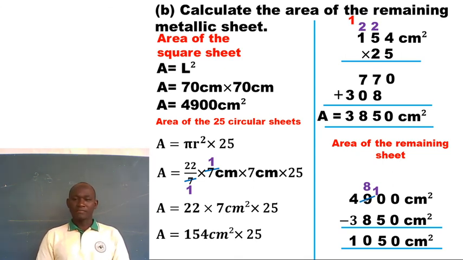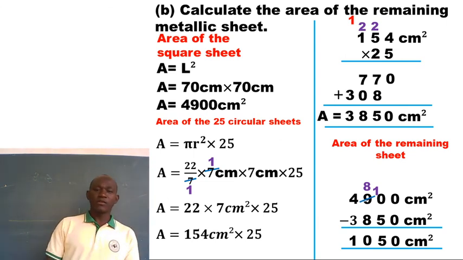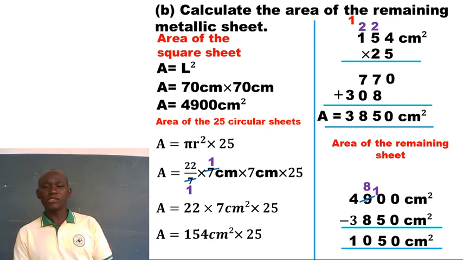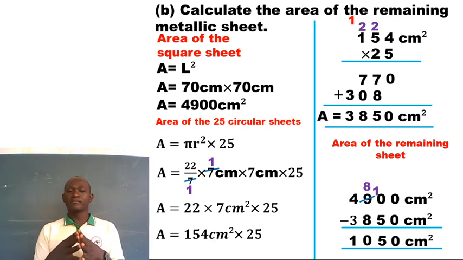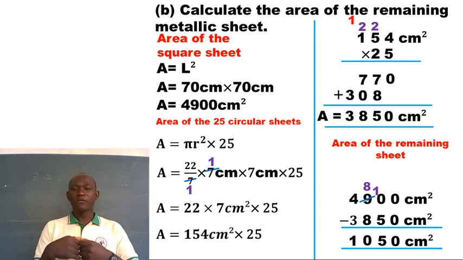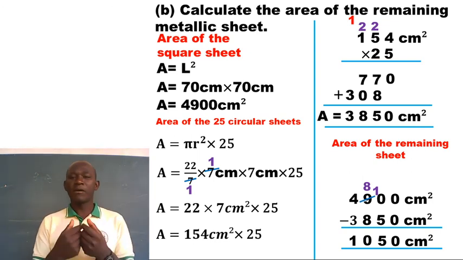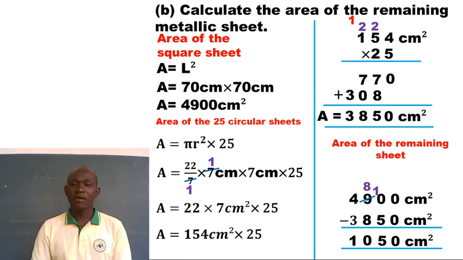That's why when you go to packaging, I know the time will come when the person in packaging will explain to you why most items are packed in rectangular boxes, or boxes in the form of cuboids, but not boxes in the form of cylinders. Very few items are packed in cylinders because of the amount of space wasted or left by the circular parts.